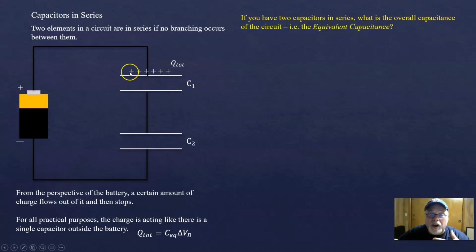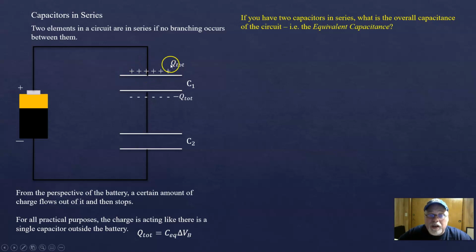Or we could also say positive is going to draw in negative charges because of the nature of electric forces. And so what's going to happen is on this bottom plate, we're going to get an excess of negative charge that's going to be equal in magnitude to the amount of charge that's on the positive plate.